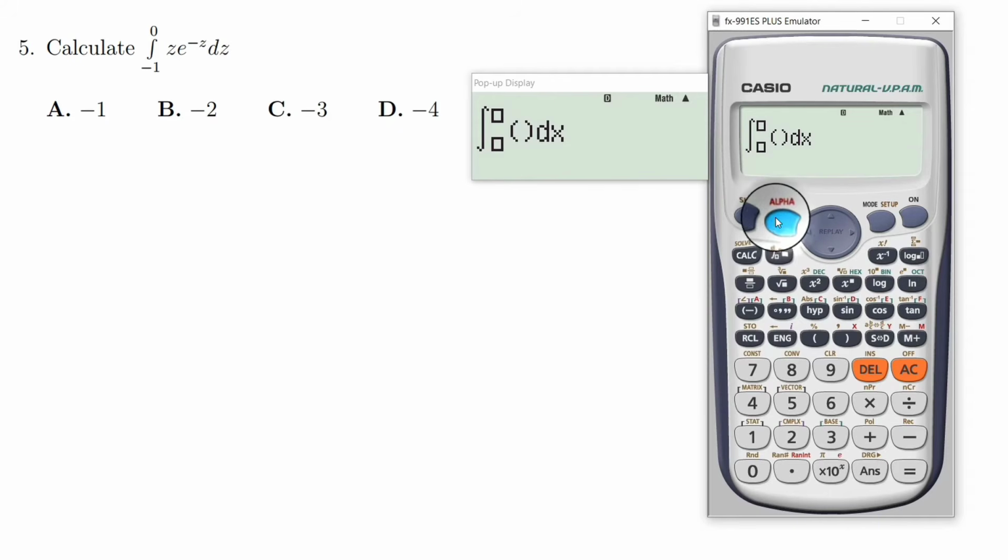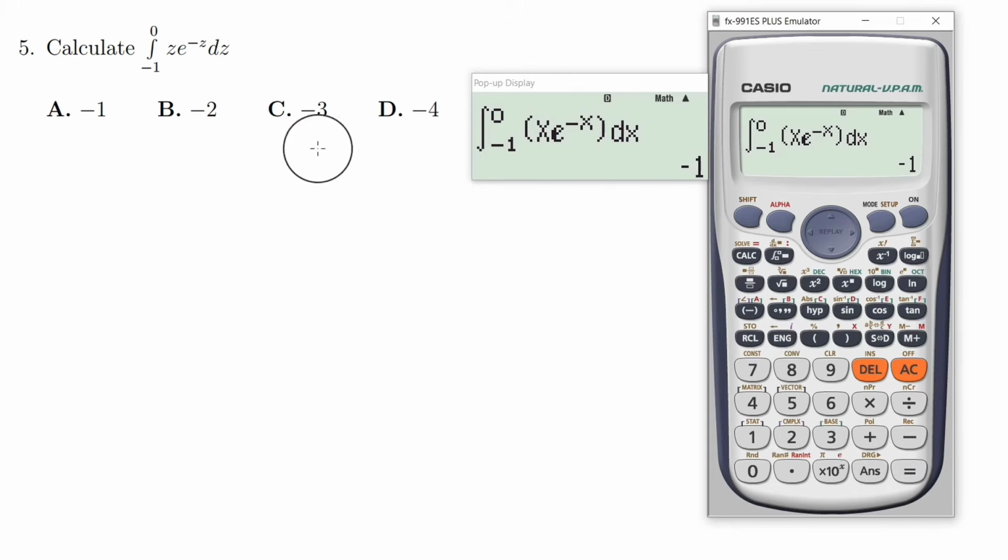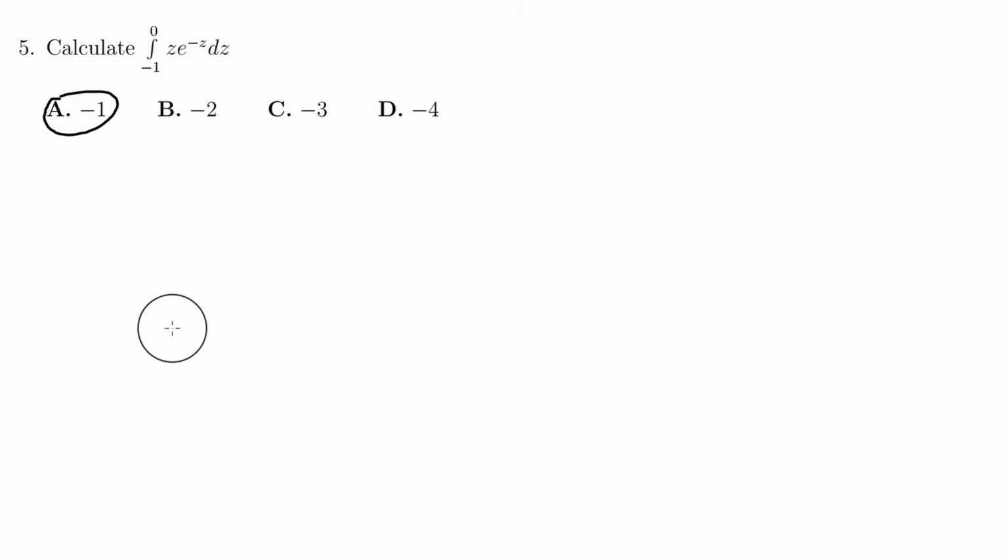So here we have the alphabet x, then exponential minus alphabet x. Then we have the lower limit to be minus 1, and the upper limit to be 0. Boom, we have our answer, minus 1. That's all. So let's move on to the next question.